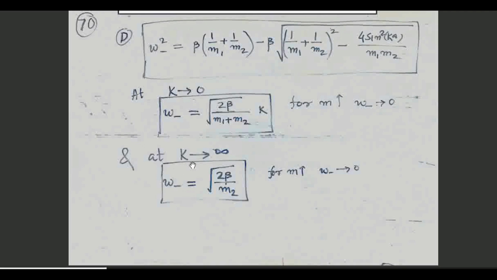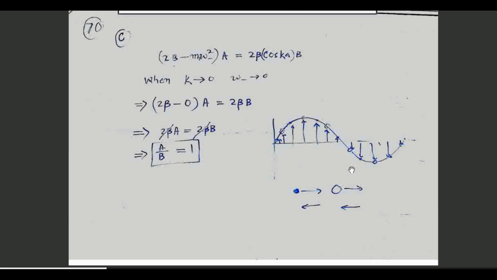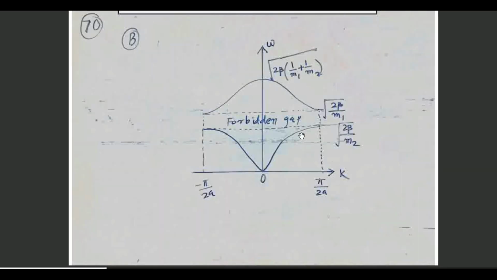That means k tends to infinity. When k tends to infinity, it is for this range. It looks like it is becoming parallel.